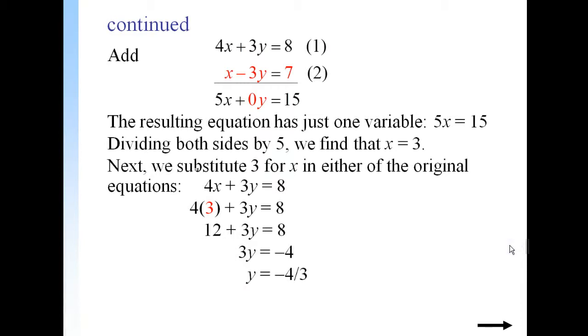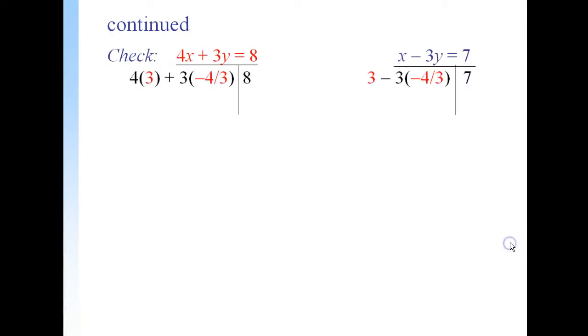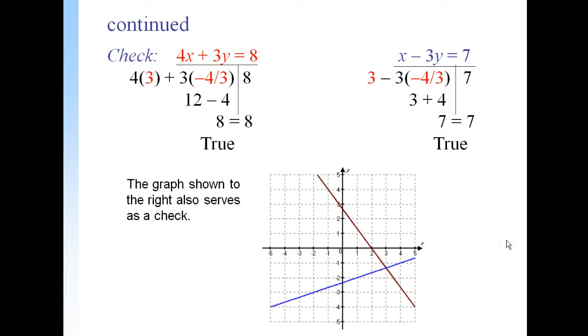And there's my y. And it does check, as they are showing you here. And on the graph, notice one is on the 3, but the other part is a fraction. It would have been hard to pick it out, but you can guesstimate.